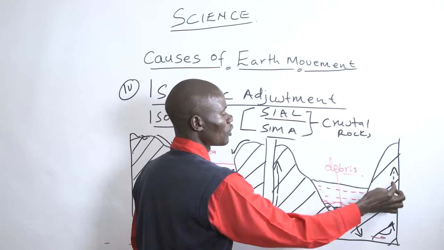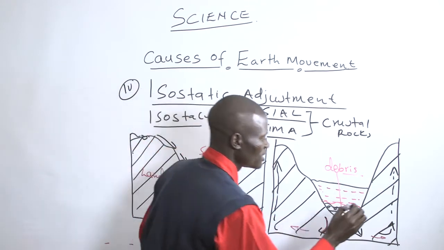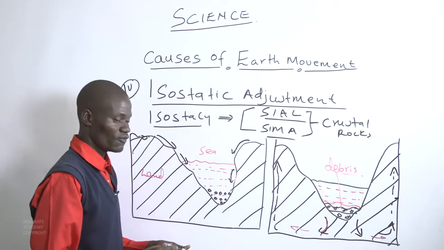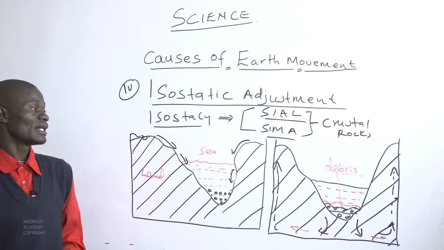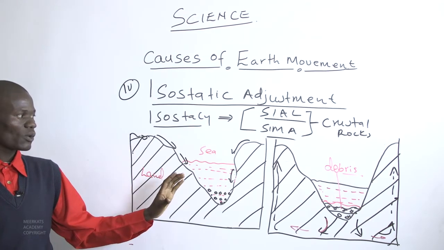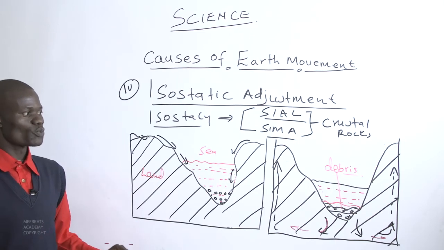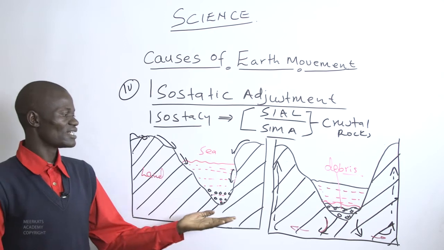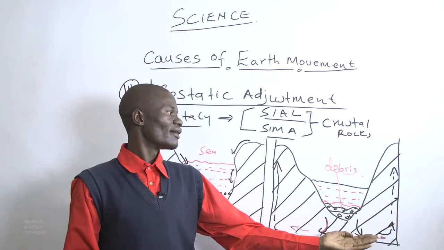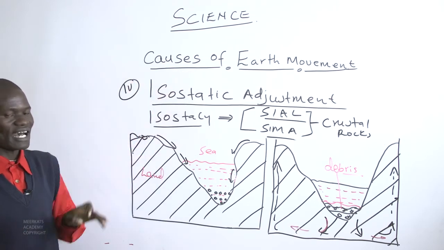This is a vertical movement because it is moving forcefully, therefore generating a vertical force. As a result, you are able to see how this isostatic adjustment tries to balance itself in the state of equilibrium, and therefore obtains another vertical force that is a cause of earth movement.